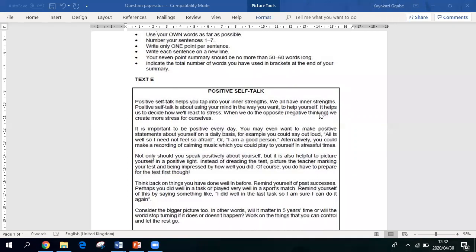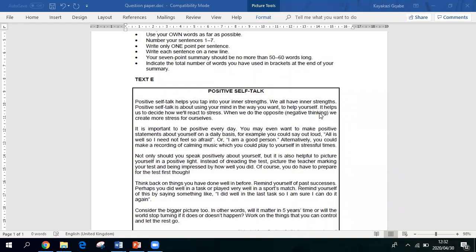Positive self-talk. Positive self-talk is about making yourself comfortable and using your mind in a way that you feel is comfortable with you and decides how you're gonna distress. Making positive statements to yourself could make you distress, as well as listening to positive music.